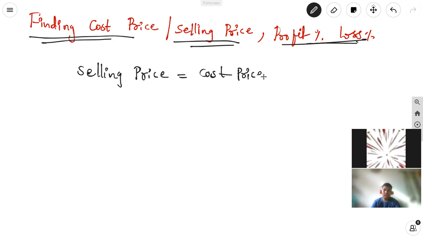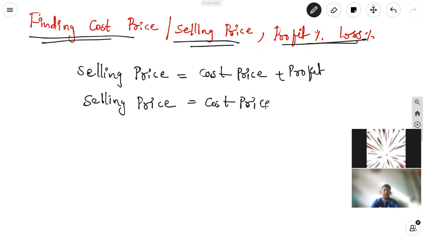Or the selling price is equal to cost price minus loss. If the item is not sold for a long time, then we can give the discount.